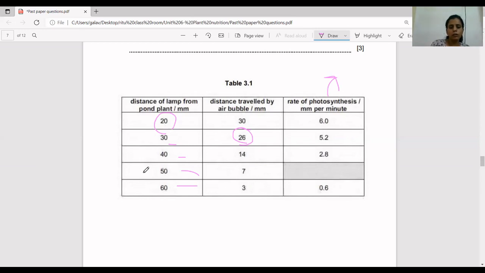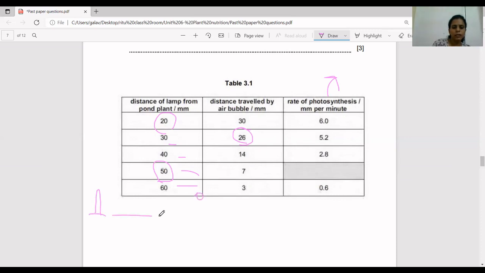Now, for the fourth row, that is when the lamp was placed at 50 millimeter away from the experimental setup. For example, here you have your test tube and the plant, and your lamp is present here.